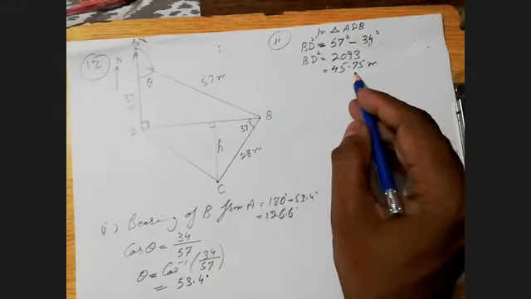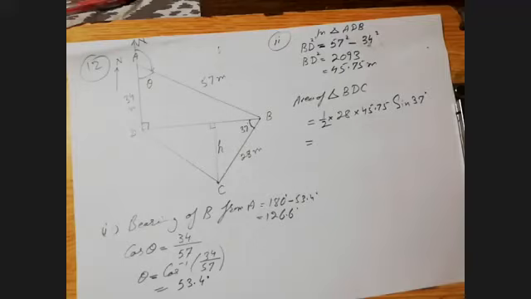One student has calculated, and the answer is 385.5 meter square. So this is the area of the complete triangle.